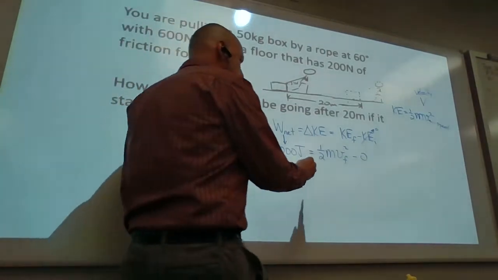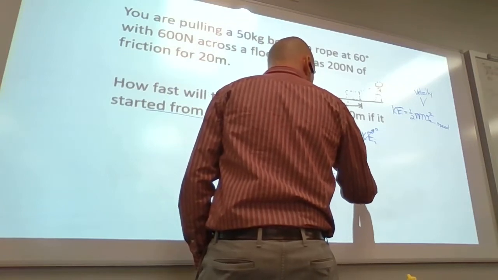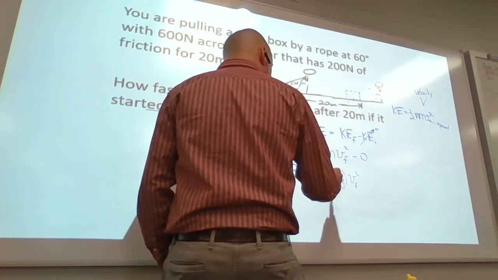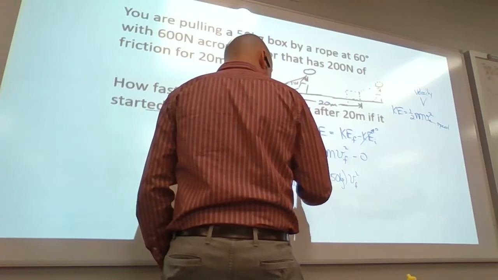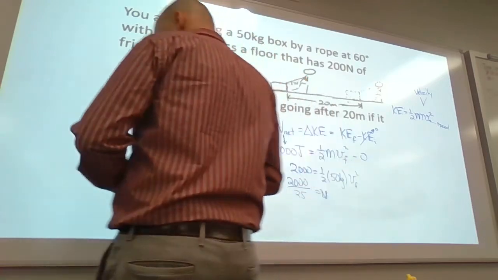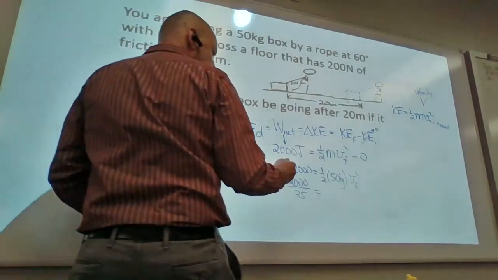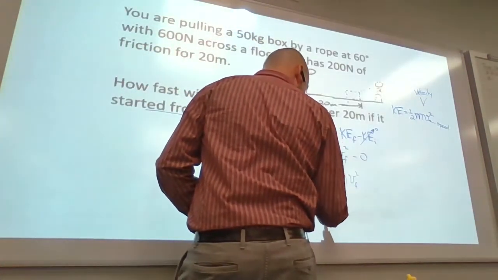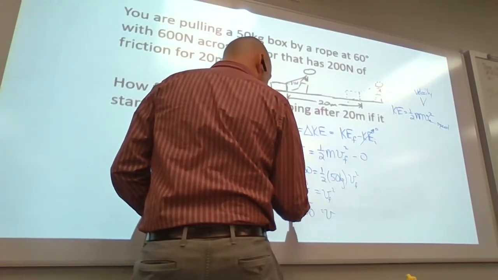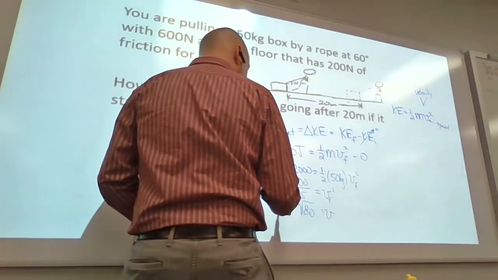So 1/2 times 50 kilograms times final speed squared equals 2,000. That becomes 25. So 2,000 divided by 25 equals speed squared, and the speed equals the square root of 80, which is equal to 8.9 meters per second.